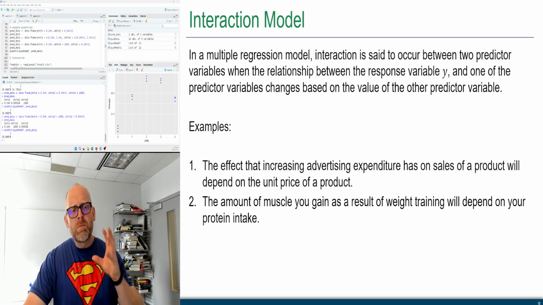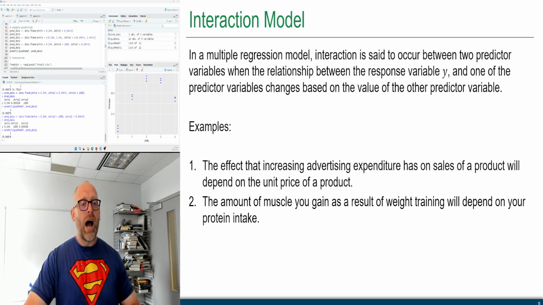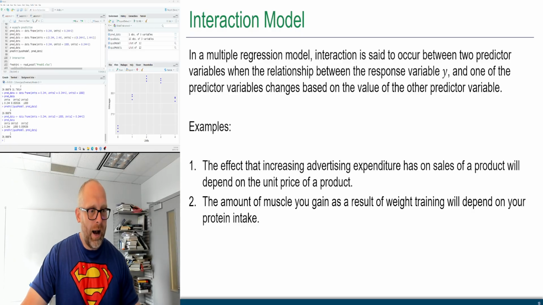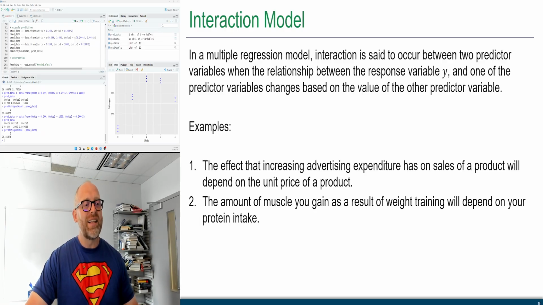Okay, so the response is changing. I'm still varying that second predictor variable, but it's dependent on where I am with that first predictor variable. So there is, in fact, an interaction between those two things. And that's what we're going to be able to kind of test for now. So kind of examples of this, the effect that increasing advertising expenditure has on sales of a product will depend on the unit price of a product.